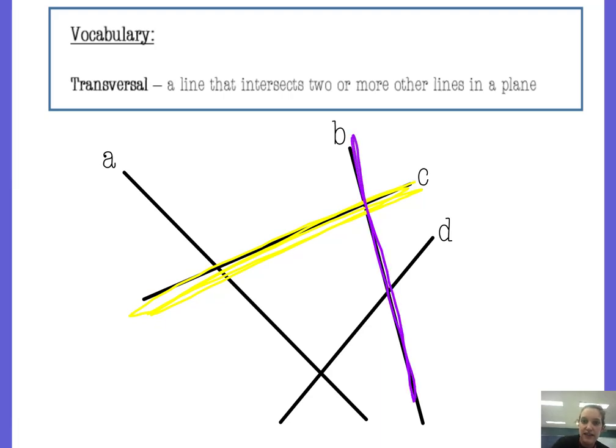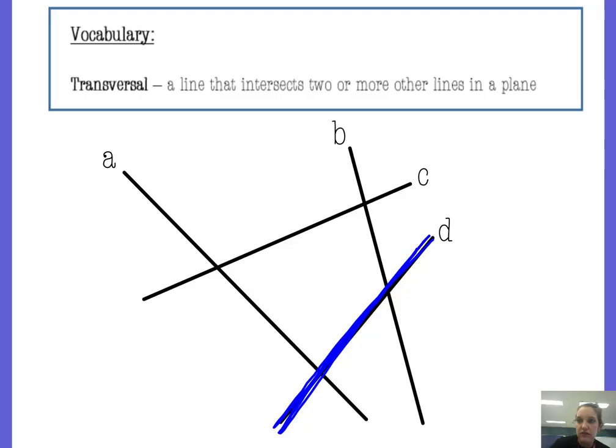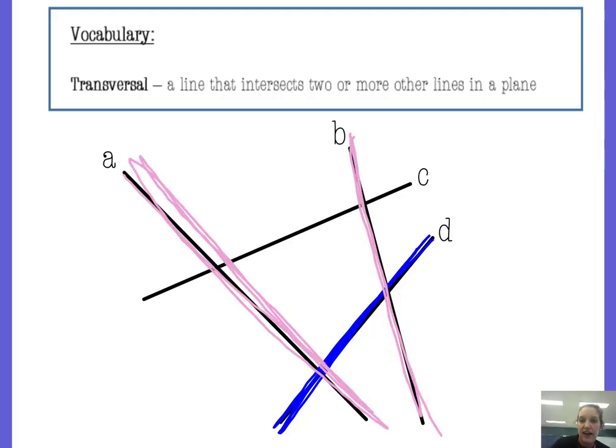That means it intersects line B and line A. Or if I consider D to be my transversal, it would be intersecting line B and line A. So depending on which line is your transversal, the 2 lines that it's intersecting will also change.